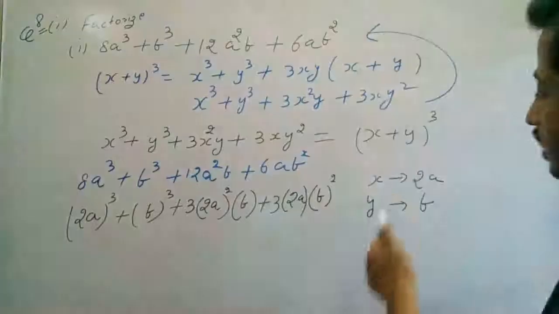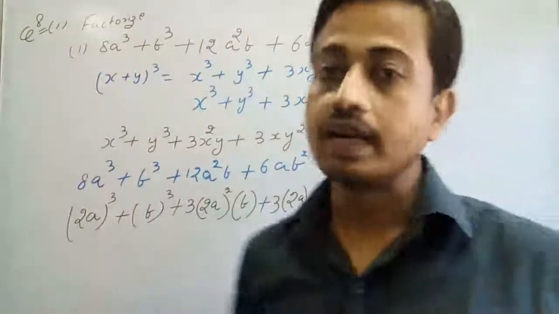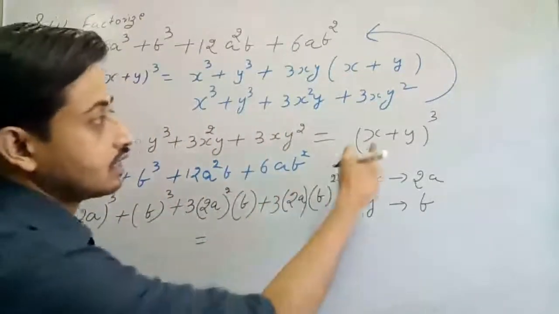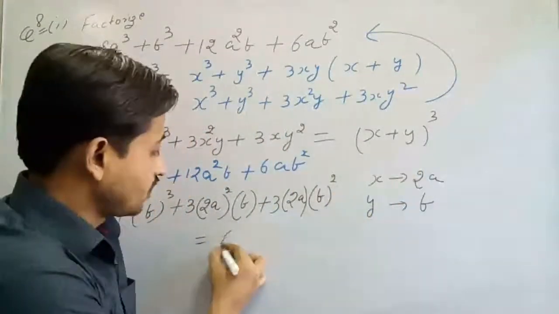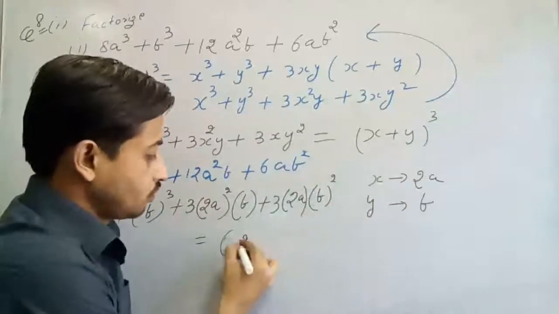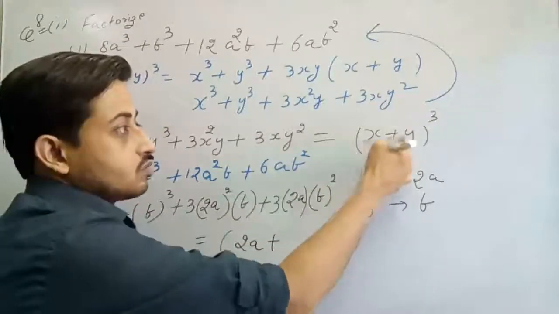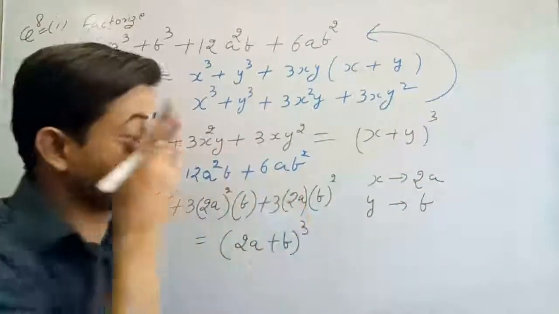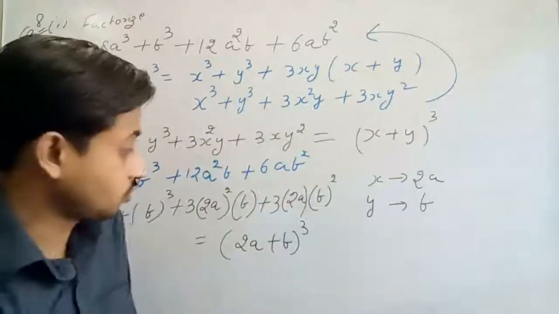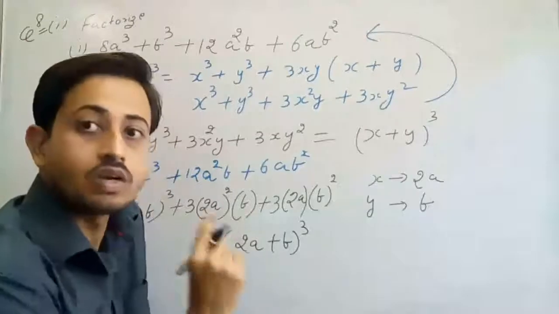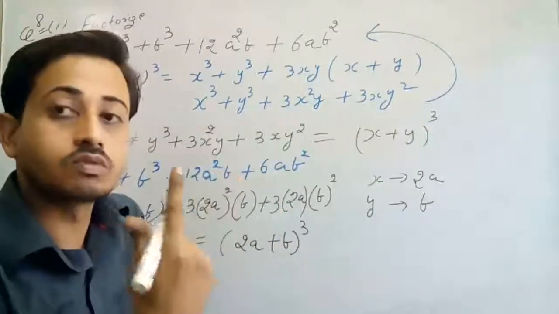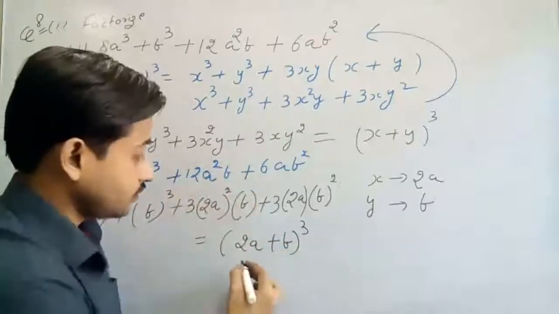So x is equal to 2a and y is b. So the solution is x plus y whole cube. So x is 2a plus y is b, and the term is in terms of whole cube. So we get this answer, but we have to write it in terms of factors, so you have to write it as a multiple of itself 3 times.